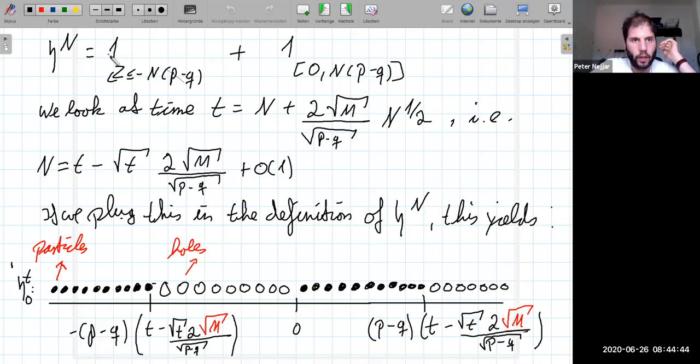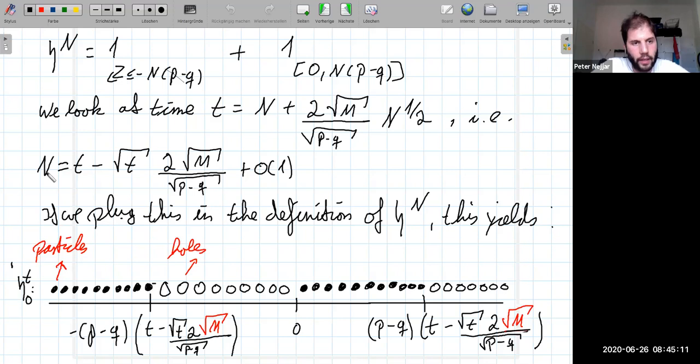So again, here you see on top the initial configuration eta n that we consider, and here's again the critical time that we're interested in. But now I can solve this simple equation for n, and you get that n is t minus square root of t times my scaling factor plus an order 1 term.